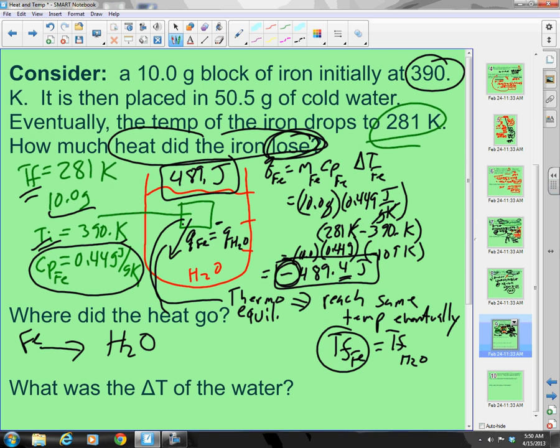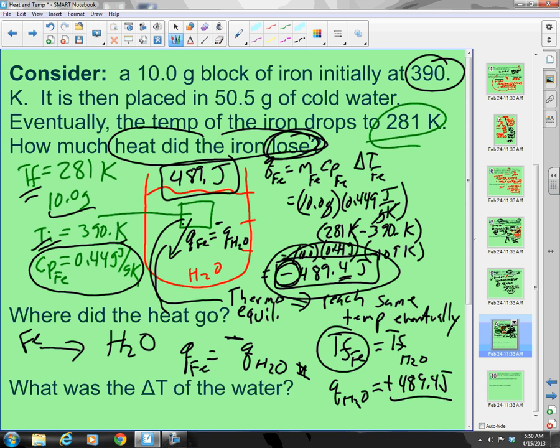So that means Q of iron is equal to negative Q of H2O. Q of iron is negative 489, so that means the Q of H2O is going to be positive 489.4 joules. Got it? Good.